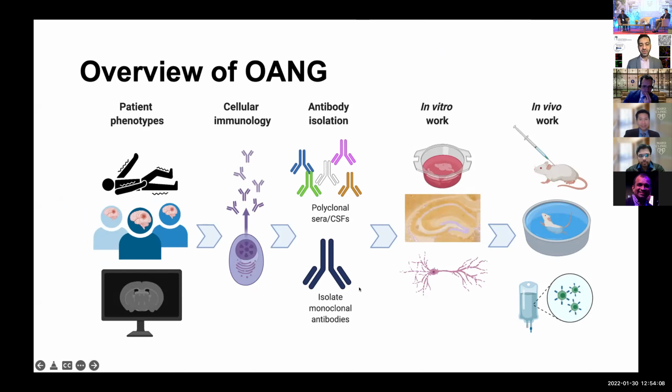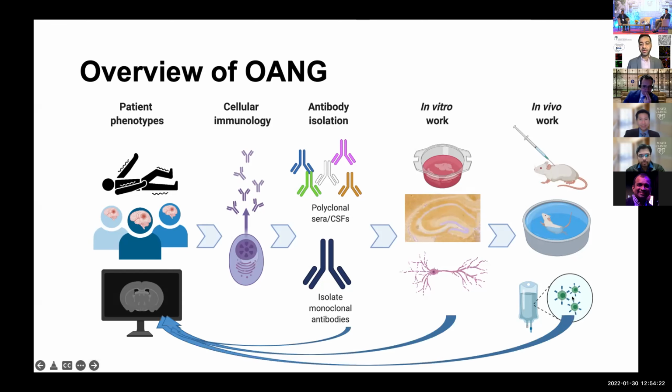More recently, we've been able to isolate many monoclonal antibodies and study their characteristics, and then take this into the neuroscience, both in vitro and behavioral neuroscience, and really keep asking about treatments, keep asking about how we can develop the science so that we can understand the treatments and feed back to our clinic.